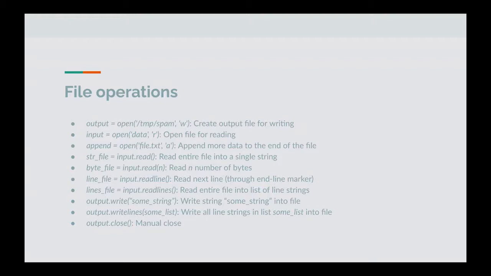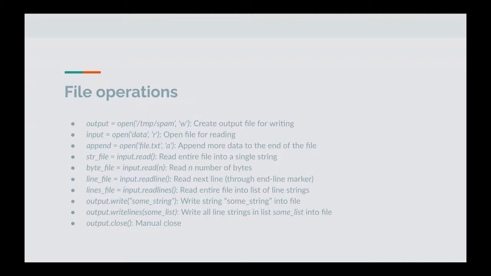We are now going to talk about the different operations that you can do with files. You can create a file for writing, so an output. You can create a file for reading, input. You can append to an existing file, output again. You can read the entire file into a single string, and this is dependent on the amount of memory that you have.